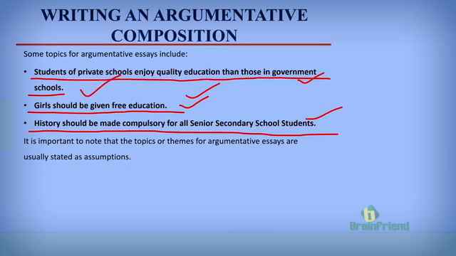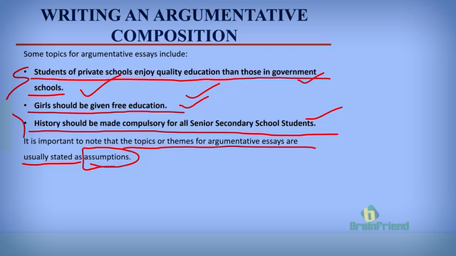Now, it is important to note that the topics or themes for argumentative essays are usually stated as assumptions. What do I mean by this? When we present our topics for argumentative composition writing, the topics are usually assumptions. Take these ones on the board for example.